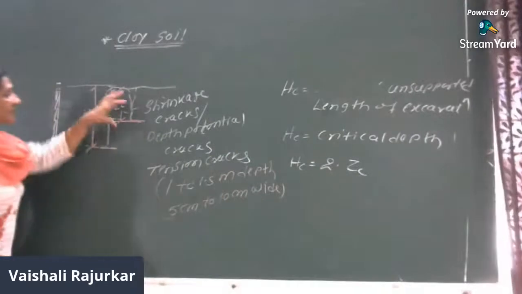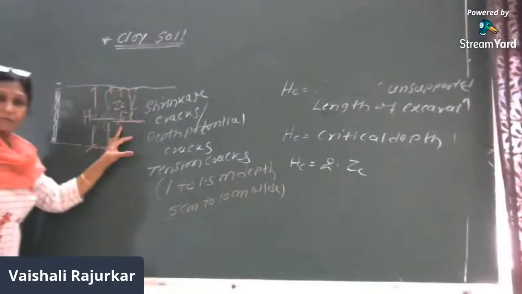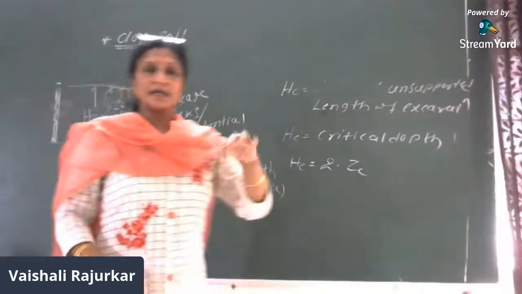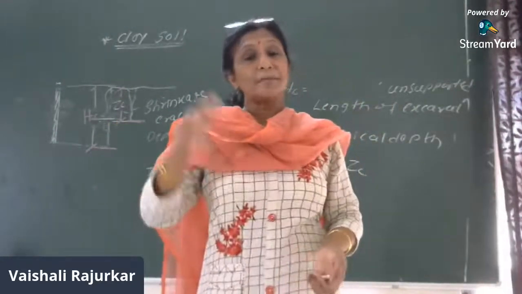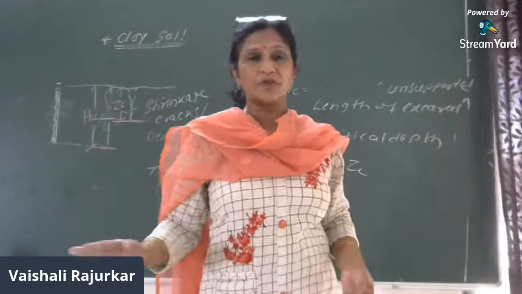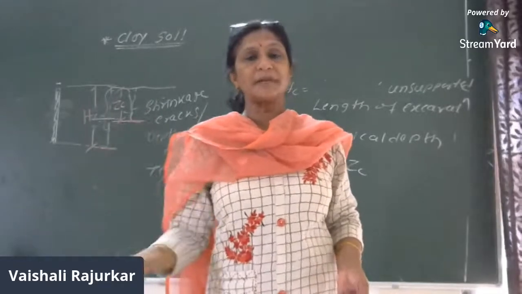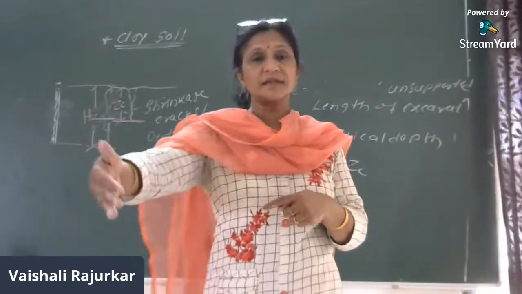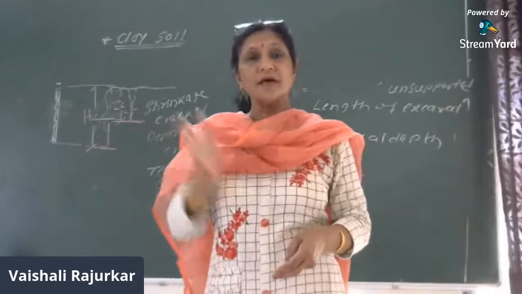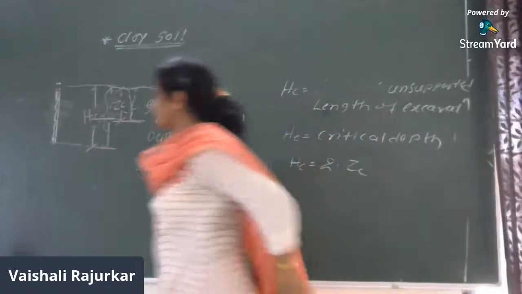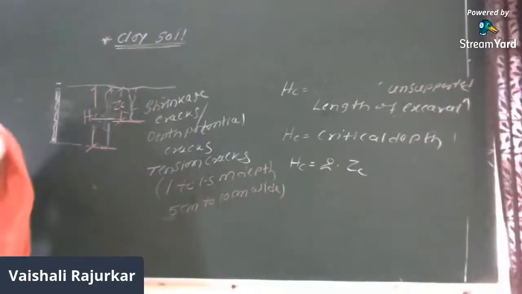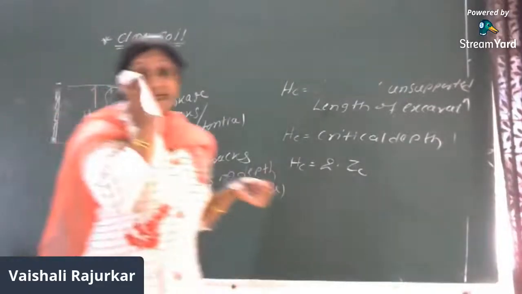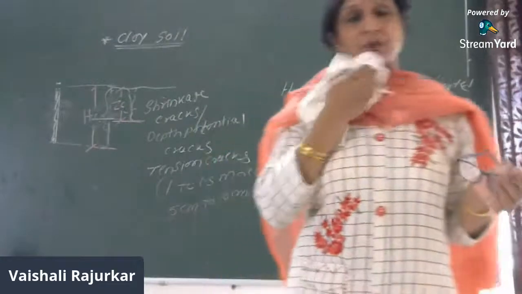If the depth of potential crack is 1.5 meter, and we want to make an excavation in such soil, then up to 3 meter depth we don't have to provide any support, and when the excavation reaches more than 3 meter, we have to provide support in the form of sheeting and bracing. So these two depths are important parameters in solving numericals for a clay soil.